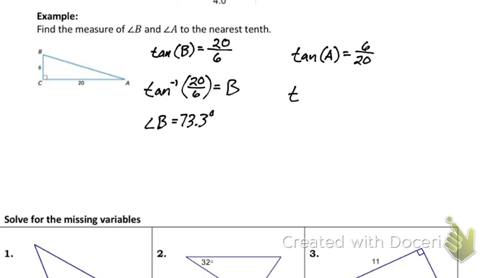So instead we're going to write it like tangent inverse of 6 over 20 is going to equal my angle A, and type that in.